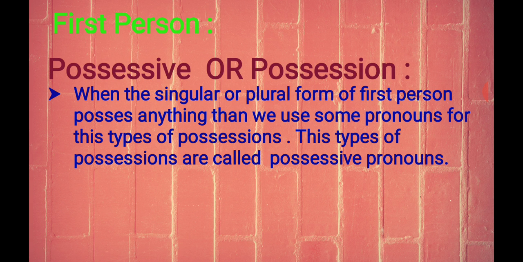So when the singular or plural form of first person possesses anything, we use some pronouns for this type of possession. And these are called possessive pronouns, meaning the pronouns which show the possession of the noun.